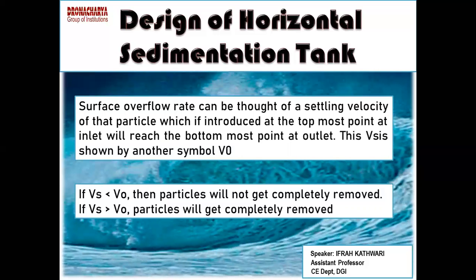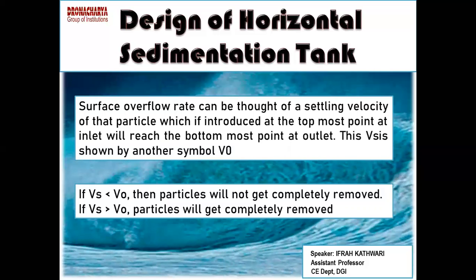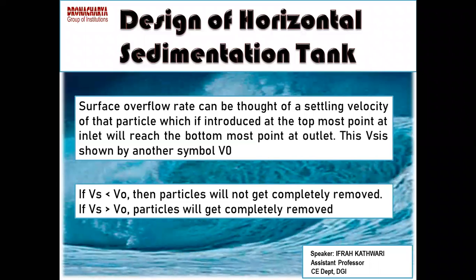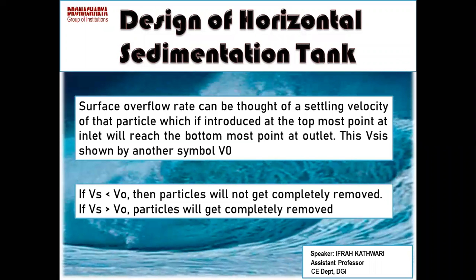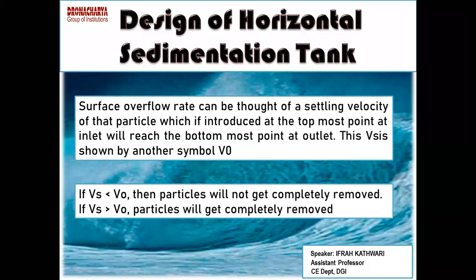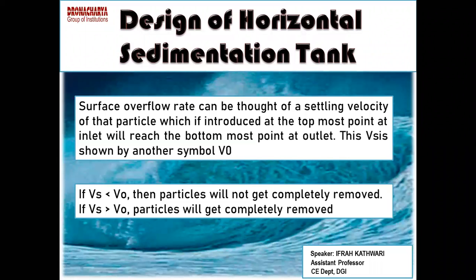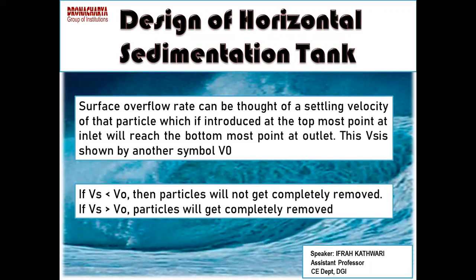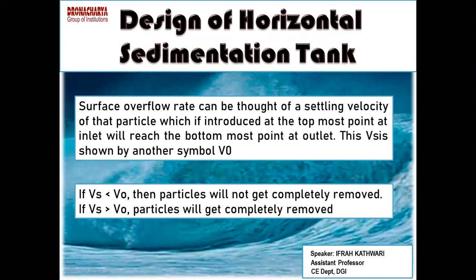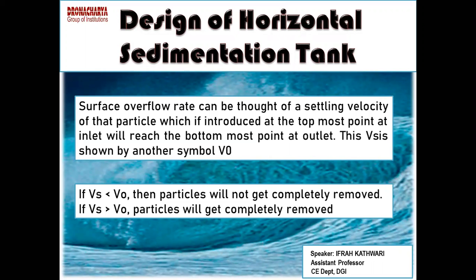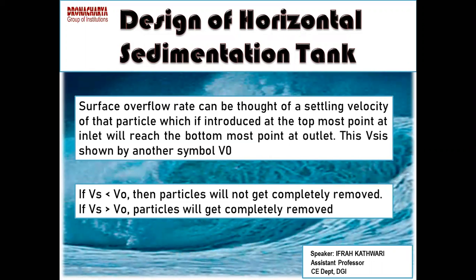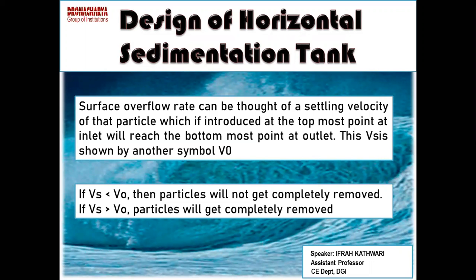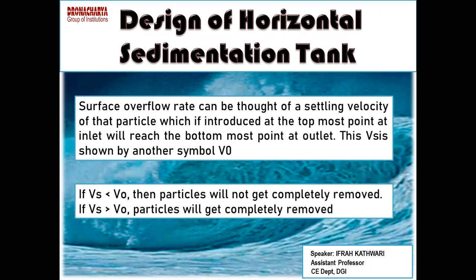Moving on. The surface overflow rate that I was talking about can be taken as the settling velocity of that particle only if it is introduced at the topmost point of the inlet and it will reach the bottommost point of the outlet. So whenever the particle at the topmost point is settling down at the bottommost point of the sedimentation tank, in that case we can say that the rate of overflow is equal to the settling velocity.